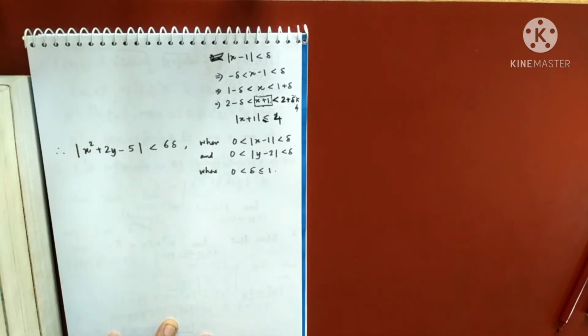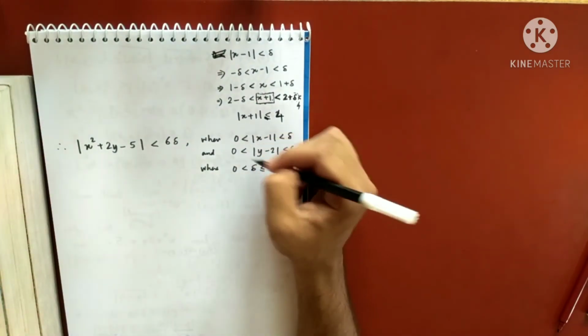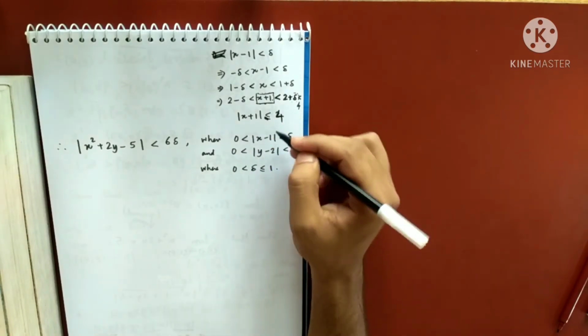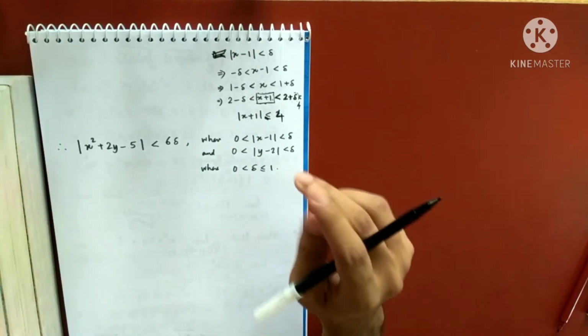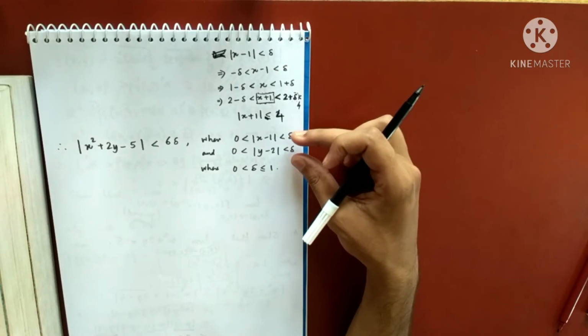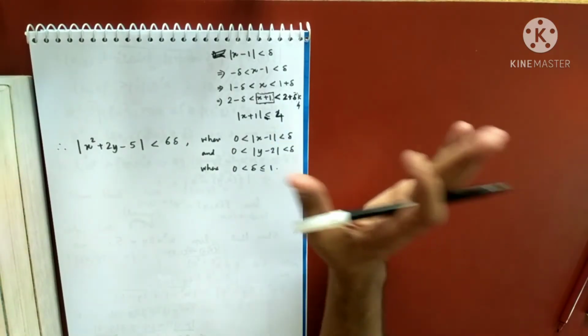The highest value of delta being 1. And this is nothing but, you see, the rectangle square neighborhood around the point (1, 2). I'll explain that diagrammatically, don't worry about it. So just consider this.